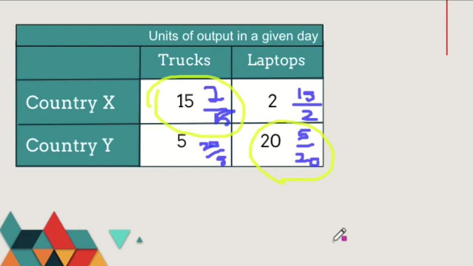Now let's look at how we're going to find the terms of trade, what one truck is going to cost in terms of laptops.